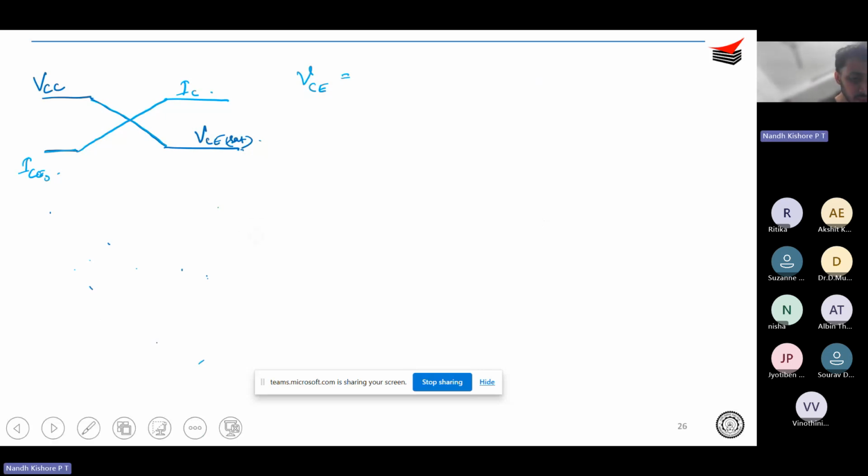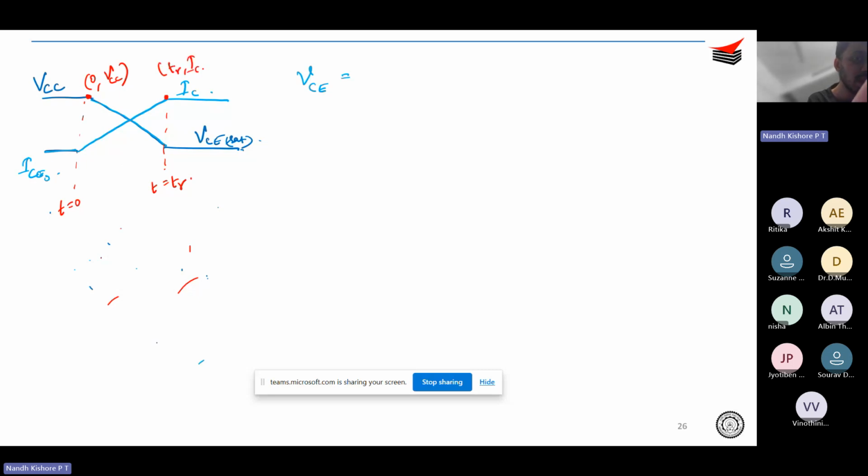So how do you write it? The initial point, let's say this is t equal to 0 and this is t equal to tr. This particular point will be 0 comma VCC. This particular point will be tr comma IC, this one will be 0 comma IC not, and this will be tr comma VCE sat.